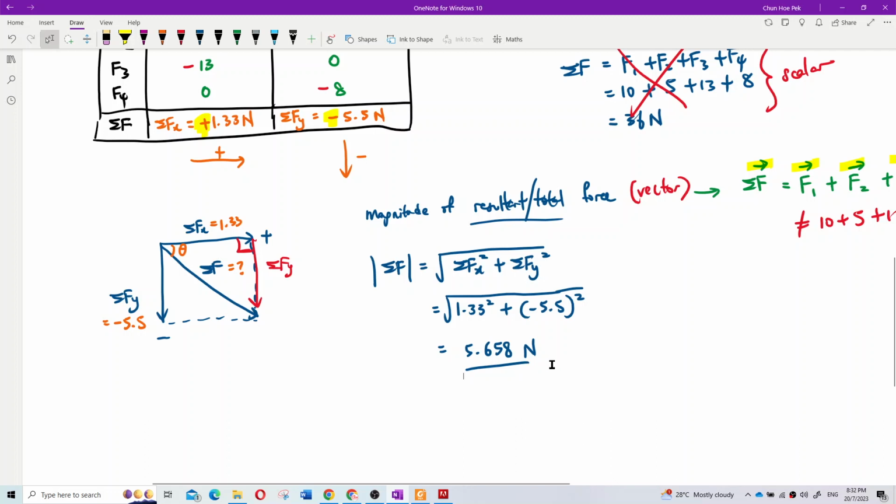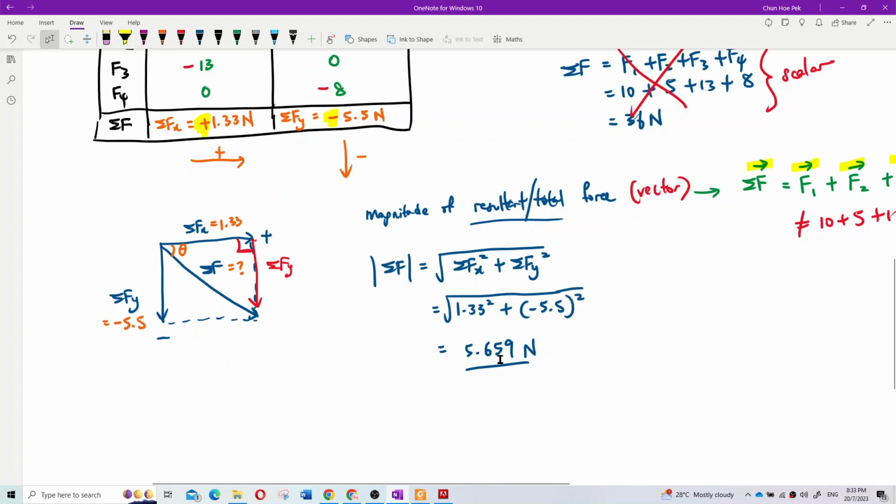To 4 decimal places it is 5.6585. Oh, okay, then it's 5.66, we have to round up. Okay, so this is the resultant force.